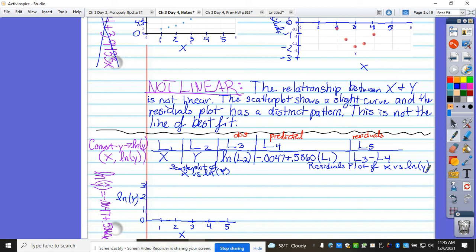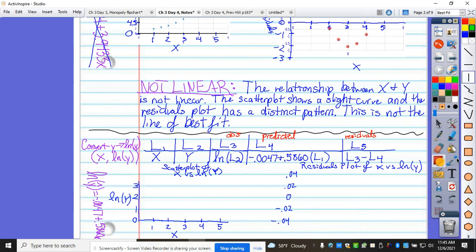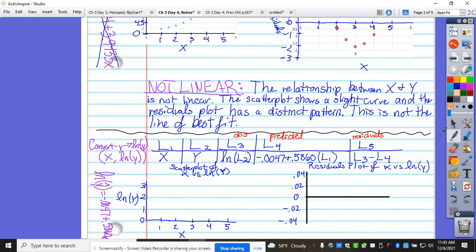I went by 0.02 each time and did 0.04, 0.02, 0, negative 0.02, negative 0.04. I probably could have done better than that with 0.03, but it is what it is. And I'm still numbering my x-axis the same way.